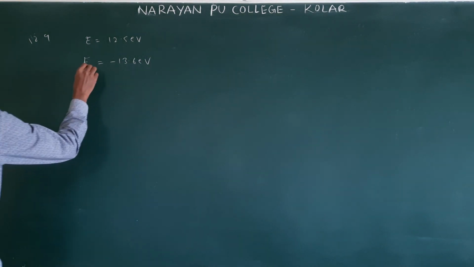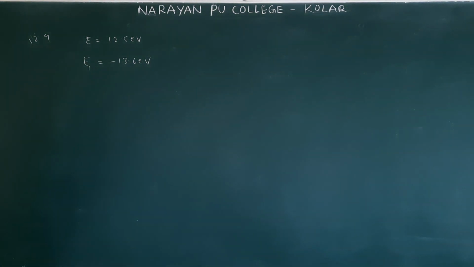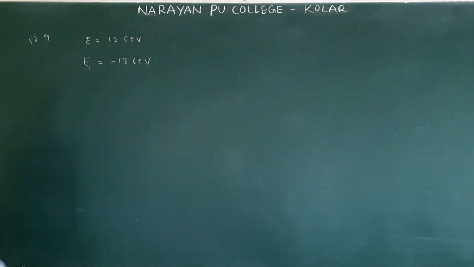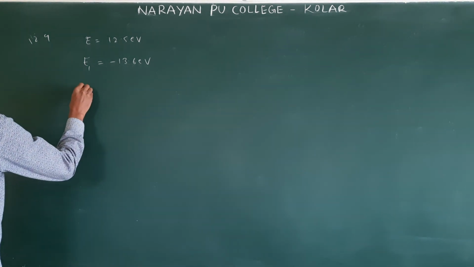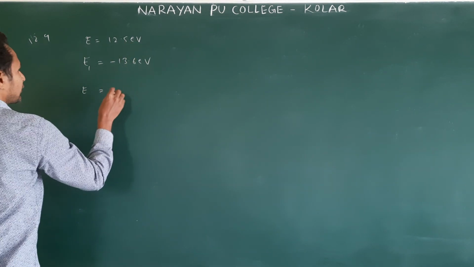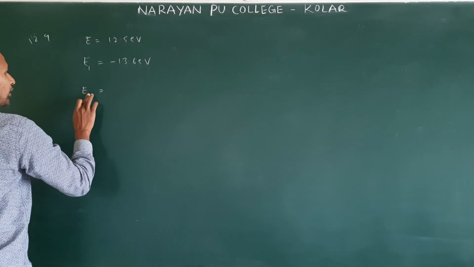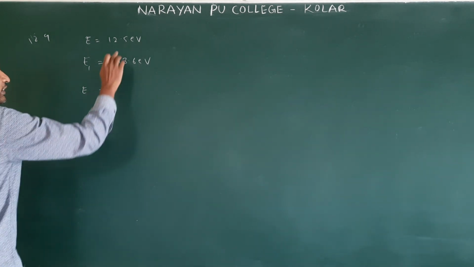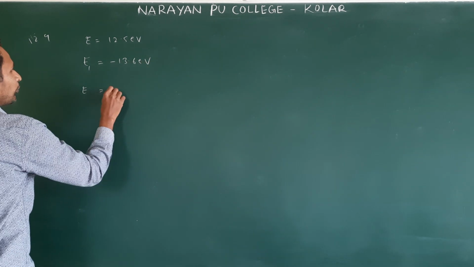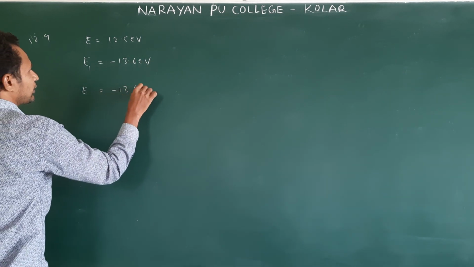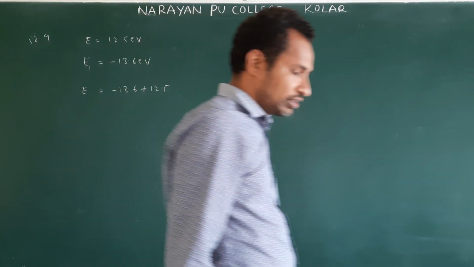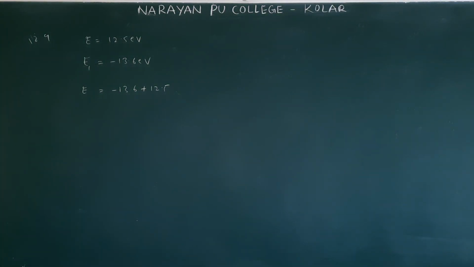This is the ground state electron energy. So we are giving this energy to this electron. Then the energy of the electron after absorbing this will not be in the first state, because it is absorbing energy. So minus 13.6 plus 12.5. So this is the new energy of the electron.